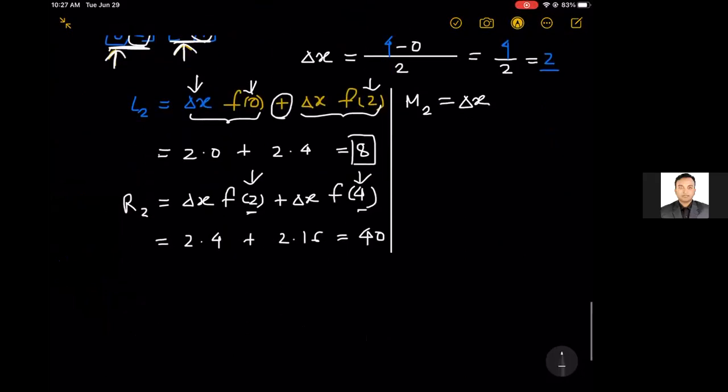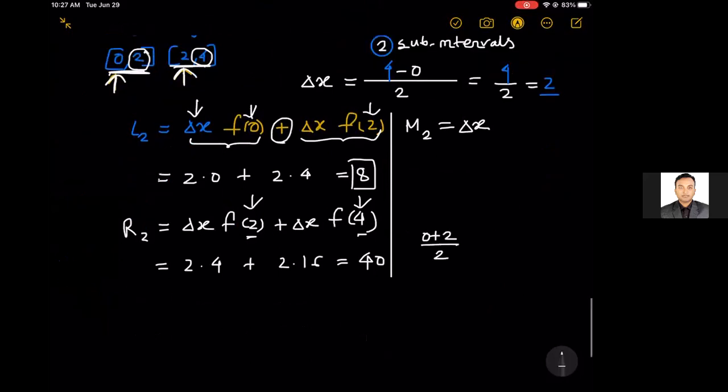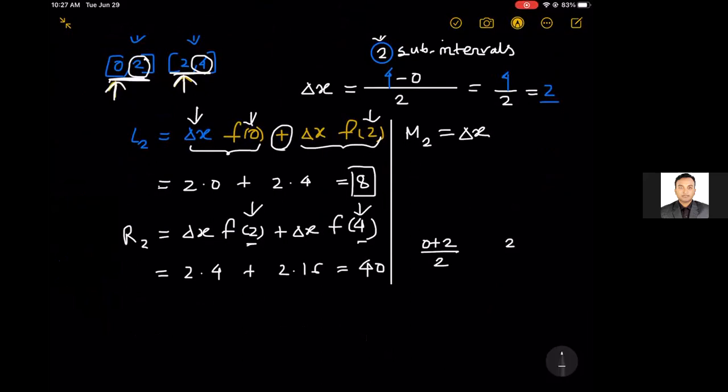How to find the midpoint? Of course, add those two and divide. Same goes for the other one. Add those two and divide by 2. Just find the midpoint of each of your intervals.